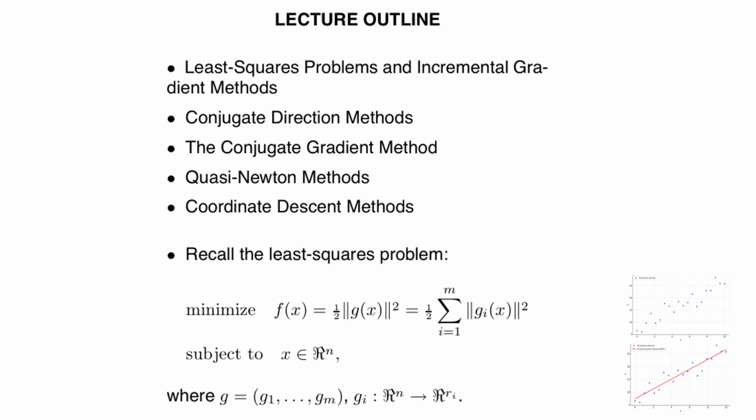Just to remind you the concept of least square problems, you can see here some drawing. We have a set of empirical experimental data, and the least square problem result gives us the main trend of this set. So this is the lecture outline for today, and we will continue.